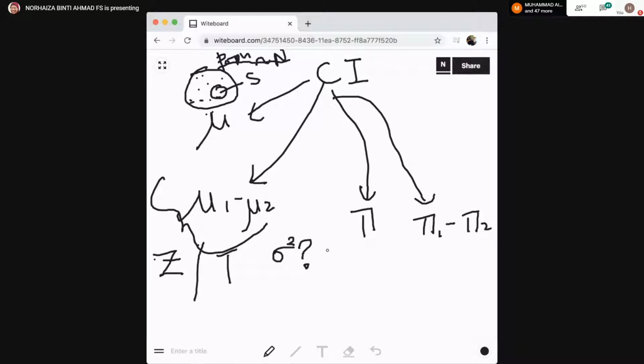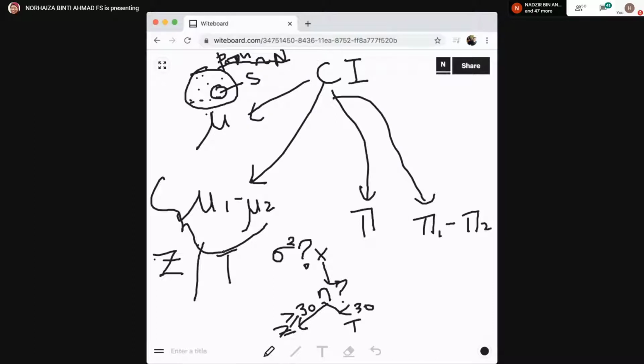If it's unknown, then I will need to check my sample size. If it's large, I use Z. If it's less than 30, I will use a T distribution. So that's how I use Z or T.